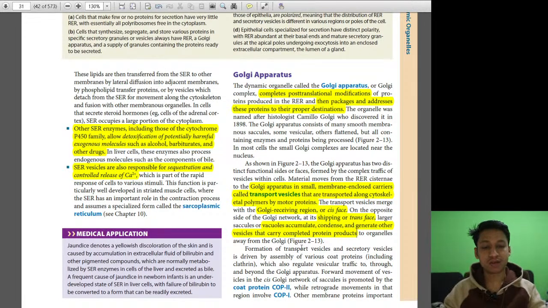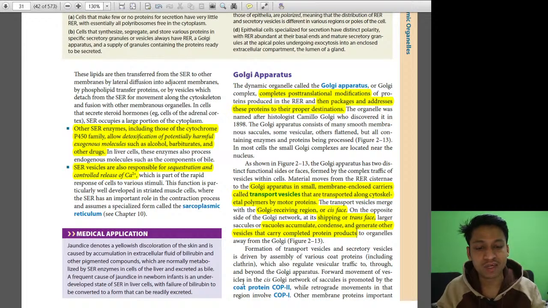Formation of transport vesicles and secretory vesicles is driven by assembly of various coat proteins, which also regulate vesicular traffic through and beyond the Golgi apparatus. Okay, let's see what regulates this traffic.